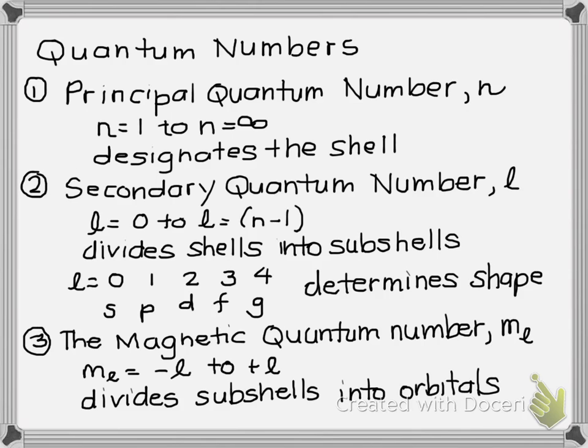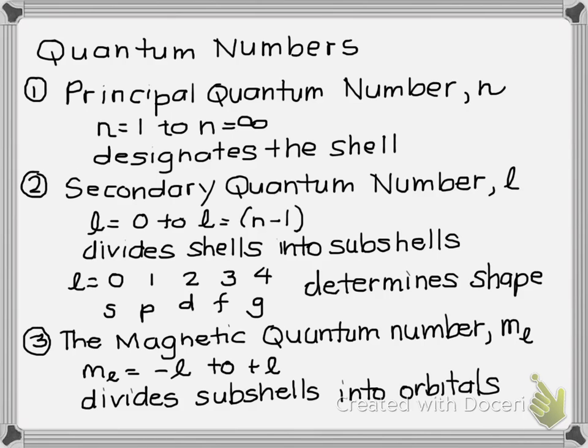If N equals 1, that would be the first shell. If N equals 2, that would be the second shell, and so on. This principal quantum number relates to the size of the electron wave. So the larger the number, the farther away the electron wave would be from the nucleus.